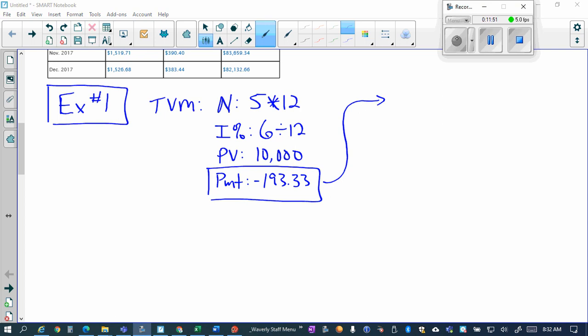Let's take that payment, 193.33, multiply it by 5 years times 12 months, and we end up with a total of 11,599.80, I believe.